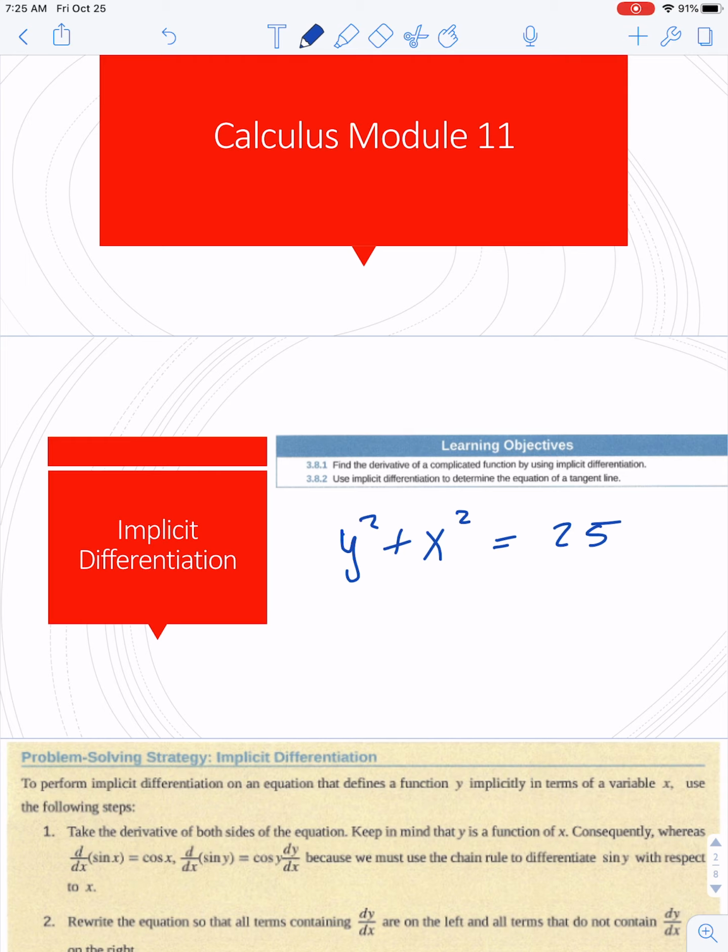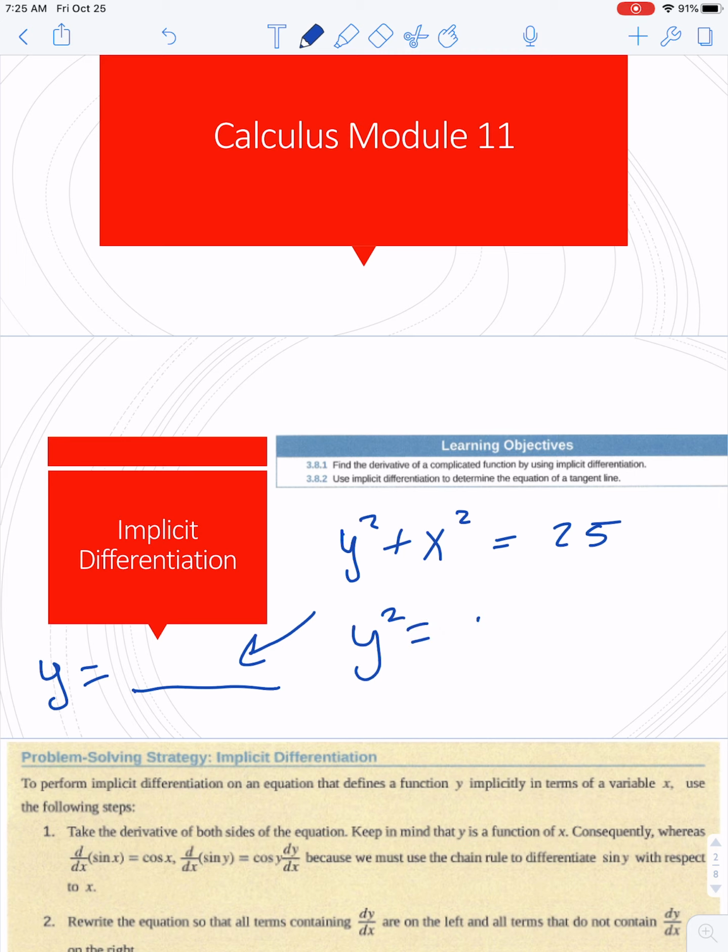To differentiate that using the method we've utilized for an explicit function, and when I say explicit, I just mean we have a straightforward y equals type equation with only one variable on this side, we would have to solve this equation for y.